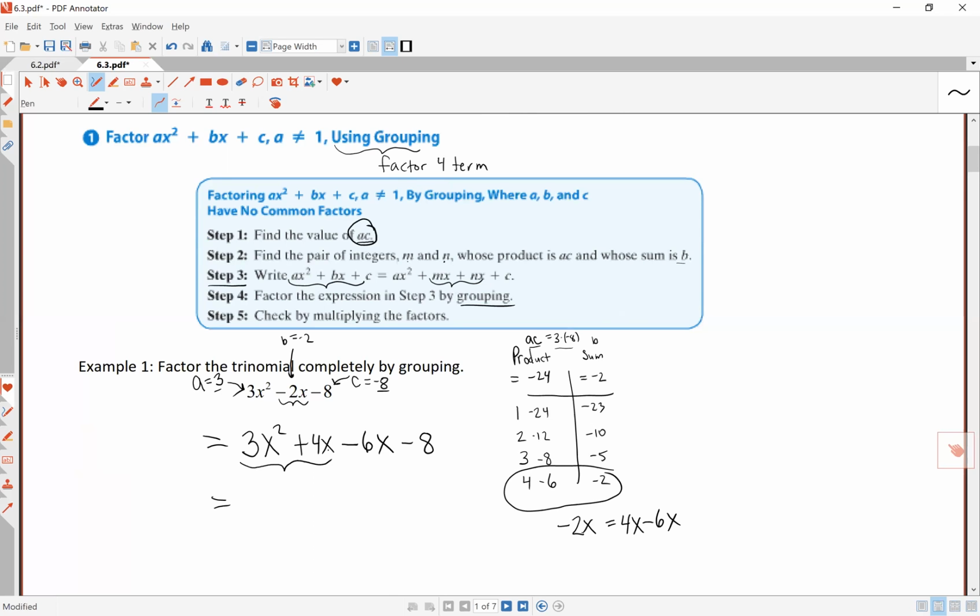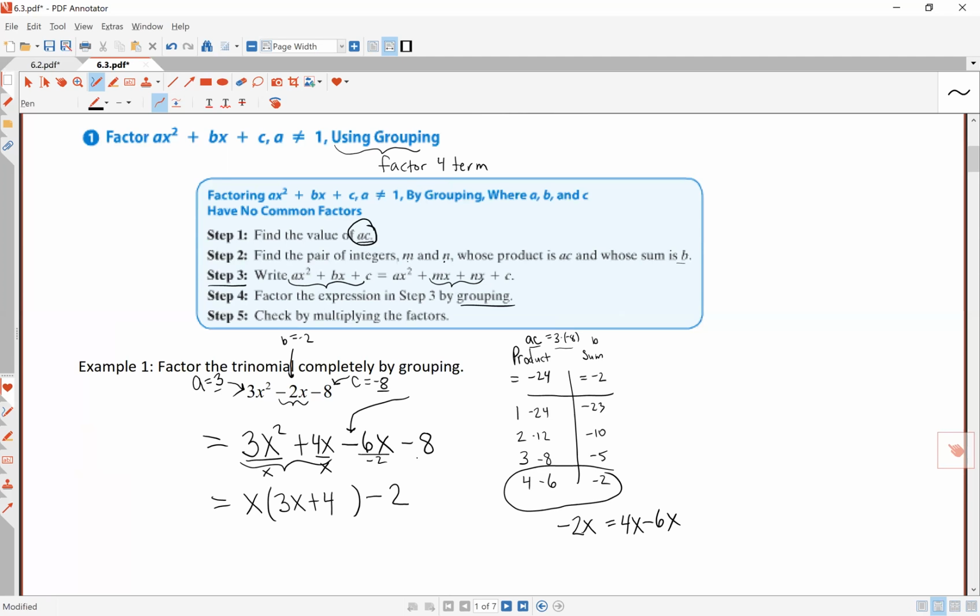For the first pair, when we factor by grouping, we look for the GCF, and their GCF is x. When we factor out an x from those two terms, we divide them by x, and we're left with 3x plus 4. For my second pair, -6x minus 8, I see a GCF of -2. When the third term is negative, factor out a negative.